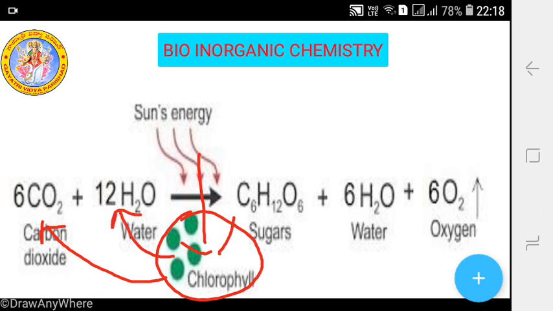And now they convert it into sugars, water and oxygen. In that way, chlorophyll acts as both catalyst and photosynthesizer. You all need to write this equation in examinations if they ask about chlorophyll.